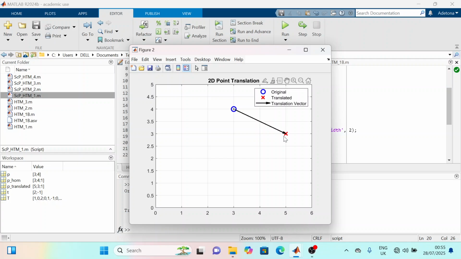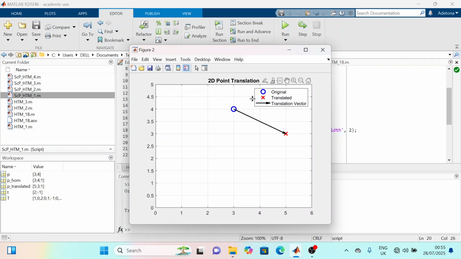And with use of quiver with the color black, we have this line, and that is what we have been able to obtain. And I've told you that the original point is x is 3, y is 4, and we now meet here, and that is why we obtain this particular position that we are seeing here.